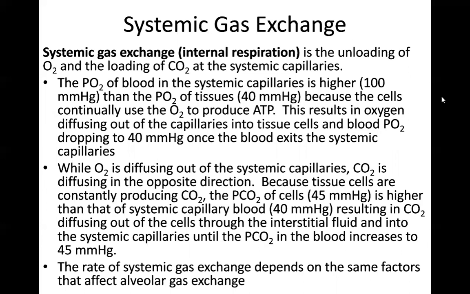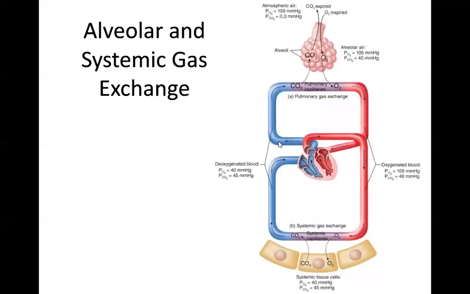Well, 100 versus 40, there's a 60 millimeters of mercury difference, right? Pretty good difference. So diffusion is pretty easy from the capillaries into the tissue cells. Blood PO2 drops to 40 millimeters of mercury once that blood exits our systemic capillaries.